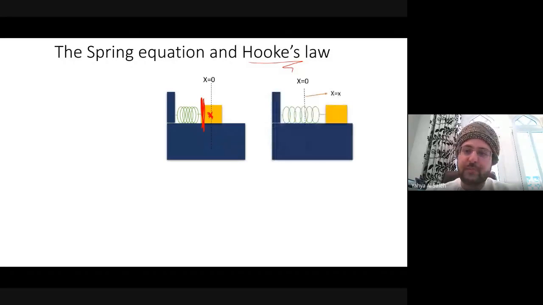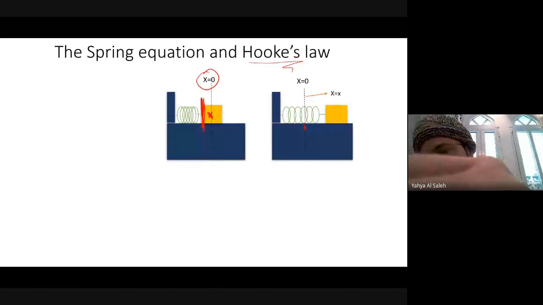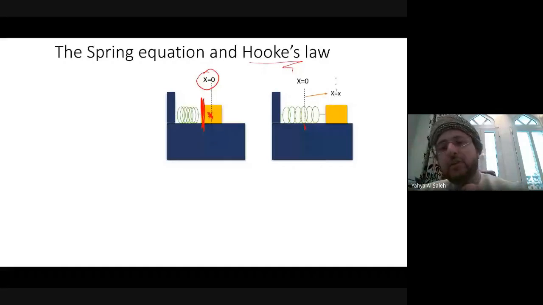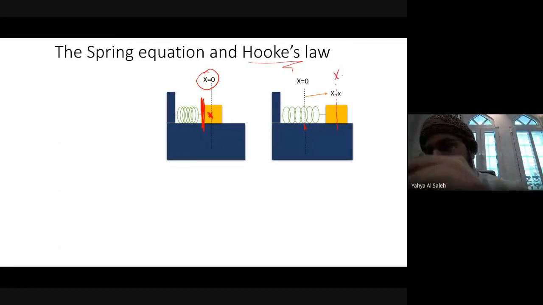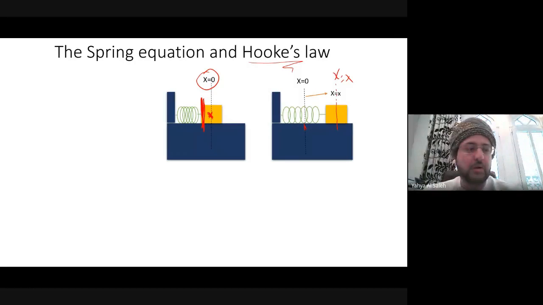So, say I start pulling the spring. Initially, this was my x equals 0 point here. Now, when I have pulled it, this is my new point, x equals some number.